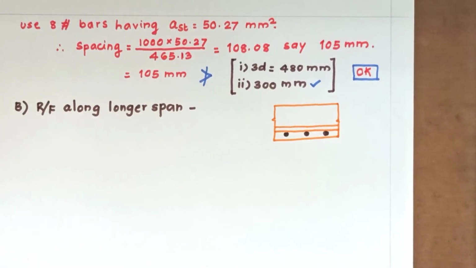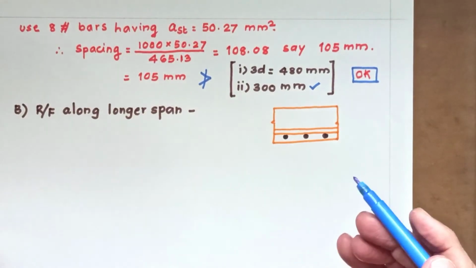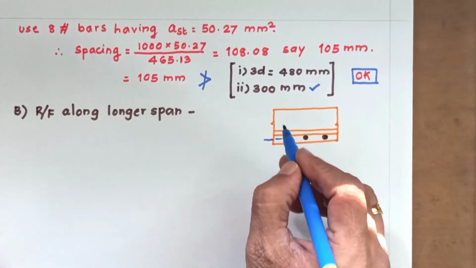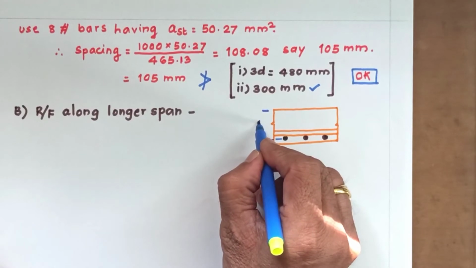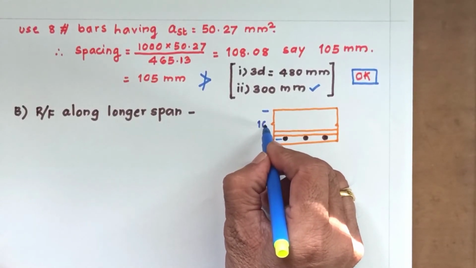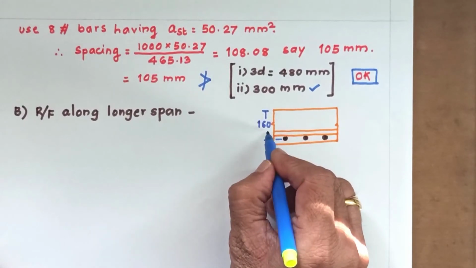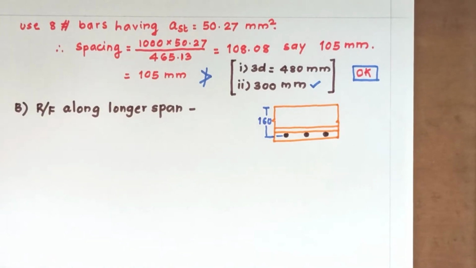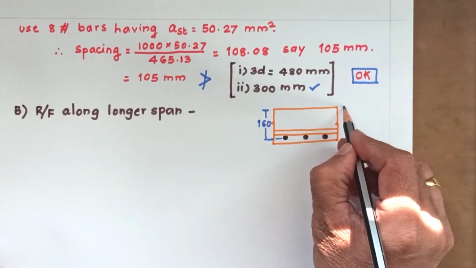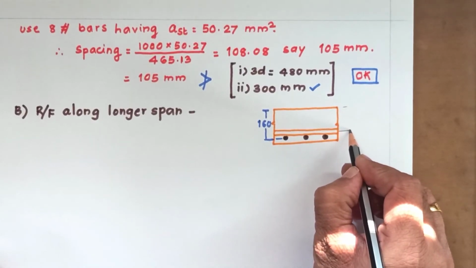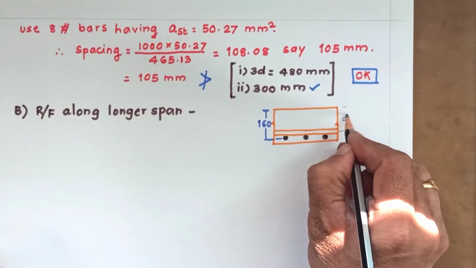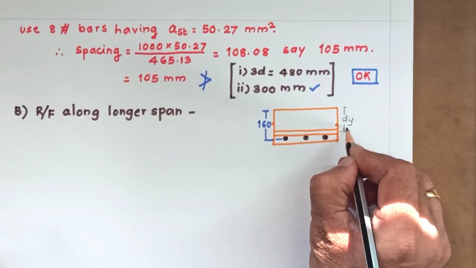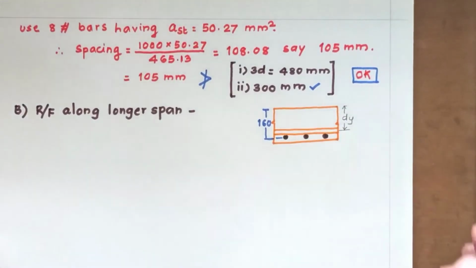Now here you can see that up to the center, this D is 160, but as far as the longer span is concerned, this will be dy, that is effective depth.